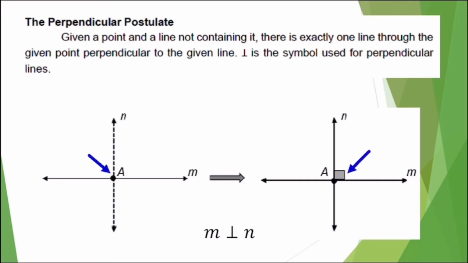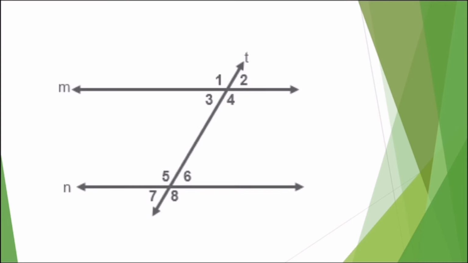When two or more lines intersect or are cut by a line at different points, called a transversal, certain conditions guarantee which lines and segments are parallel or perpendicular. A transversal is illustrated in the slide.